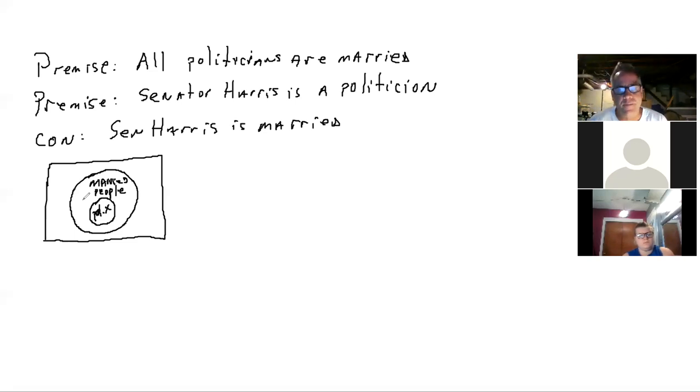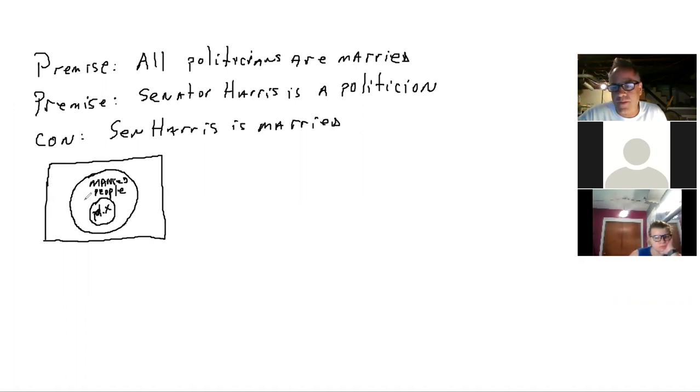Once I place that X in that inner circle, good. If I can't place the X for Senator Harris in the inner circle, then it's not a valid argument because your conclusion is not necessarily following from the premises, but this is valid. Now, one thing we would also look at is soundness here. Remember, soundness has to be that your argument is valid, which this one is, but all your premises have to be true.